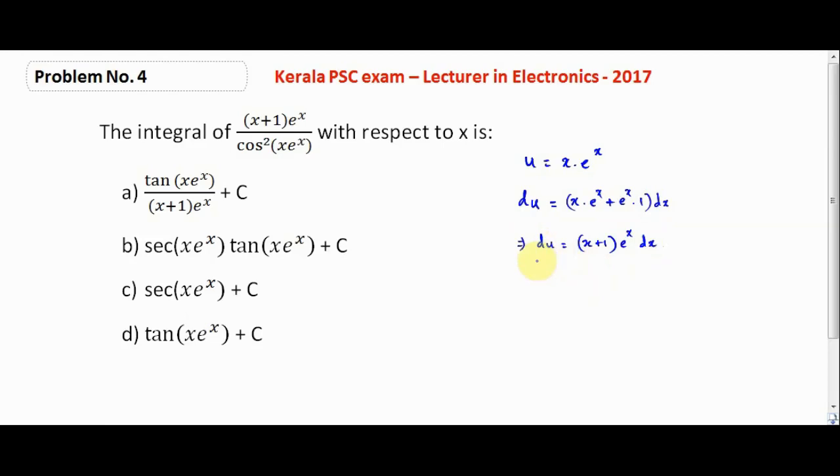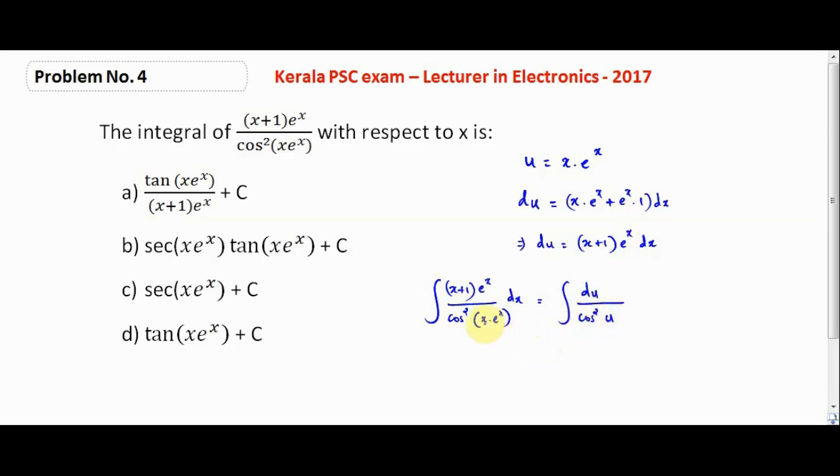Now the integral of (x plus 1) e raised to x divided by cos square (x into e raised to x) dx is equal to the integral of du divided by cos square u.